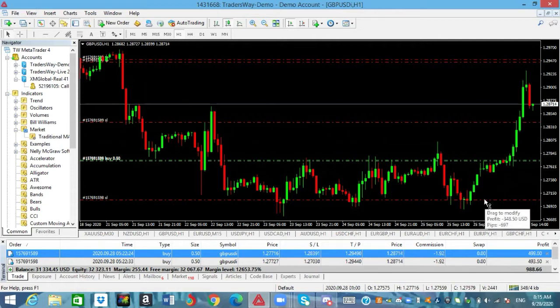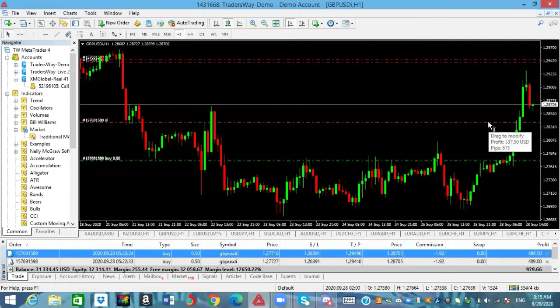I'm gonna hold my stop loss and I'm gonna drag it all the way up here, just the same. So when I move my stop loss in front of where I placed my order, basically if this decides to go back all the way down, when it touches my stop loss, it's gonna take me out of the trade, and I'll be taken out of the trade with profit.